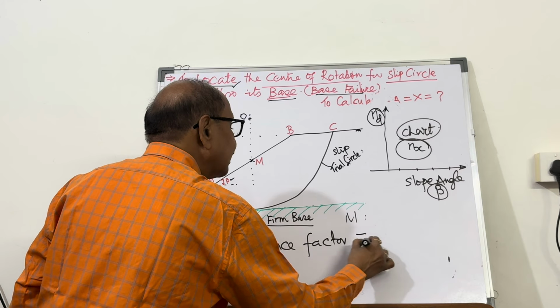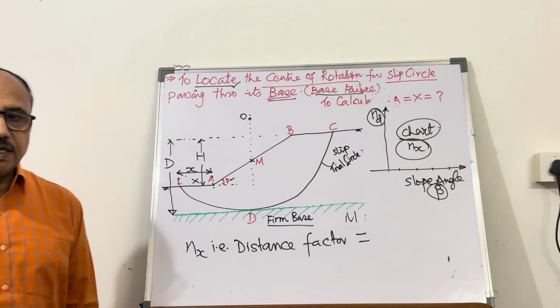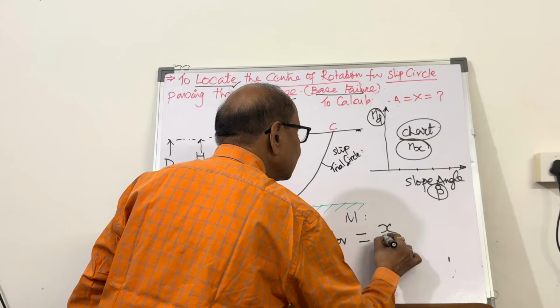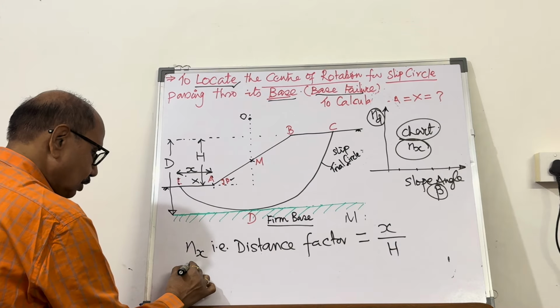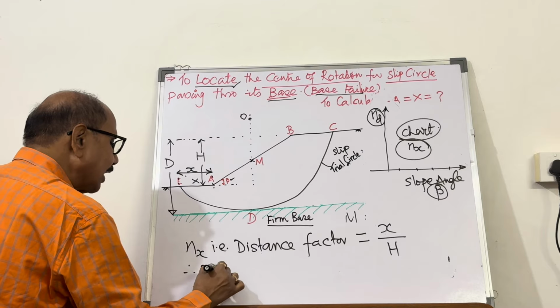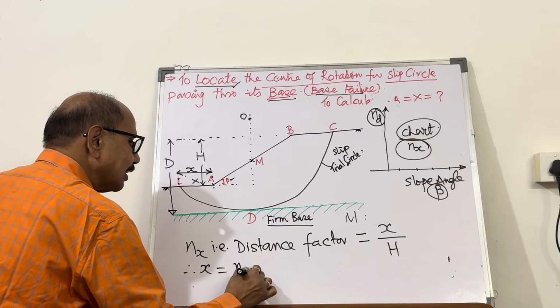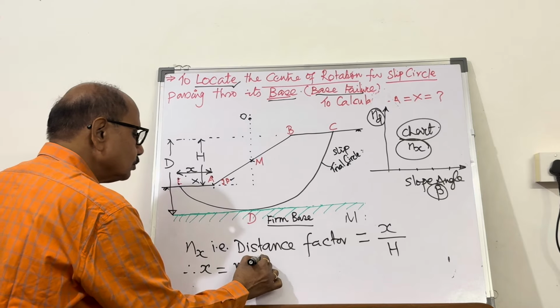This distance factor is given as x divided by h. Therefore, from the chart we get the value of x. X becomes equal to distance factor Nx multiplied by h. Now h is known.